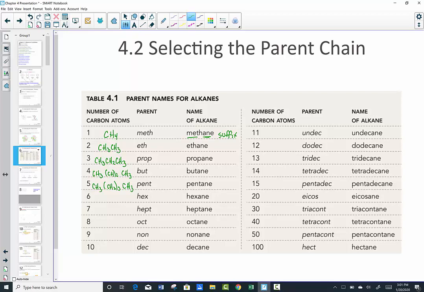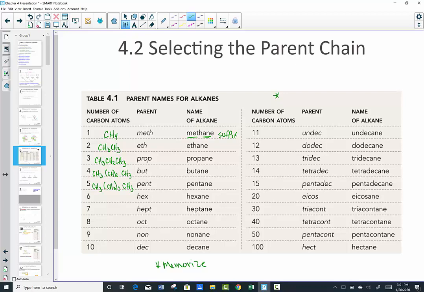6 carbons is hexane, followed by heptane, octane, nonane, and decane. These I will tell you to memorize. They're just so common. These are nice to know over here, 11 through 100. We will not be drawing on a typical day anything larger than 10 carbons in the longest carbon chain.